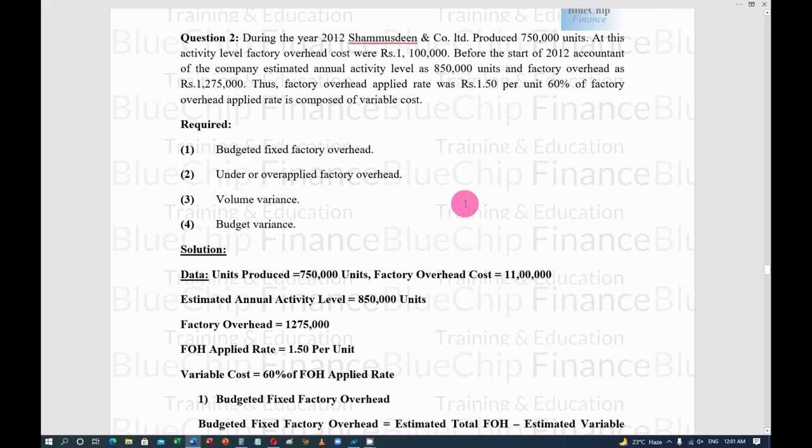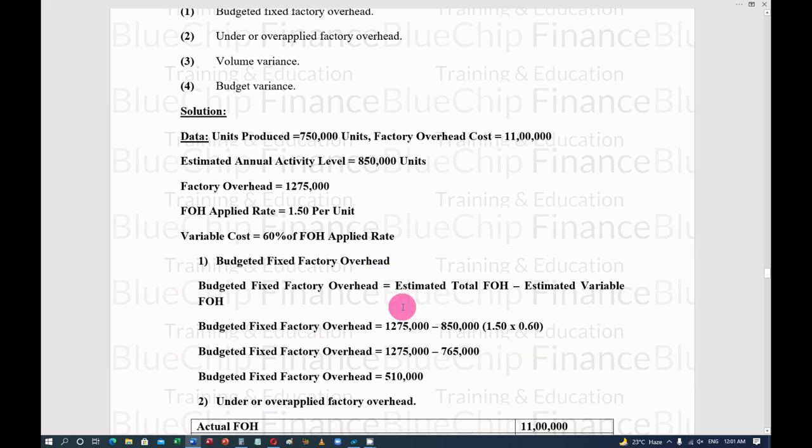It is 1,275,000, the estimated or budgeted total FOH. As you know, total FOH equals fixed FOH plus variable FOH. So estimated or budgeted total FOH minus estimated variable FOH equals budgeted fixed FOH.